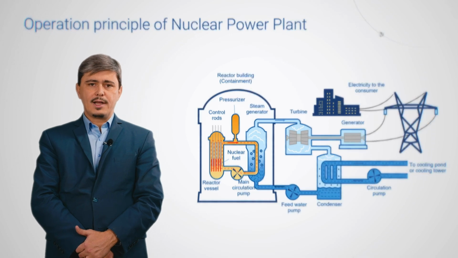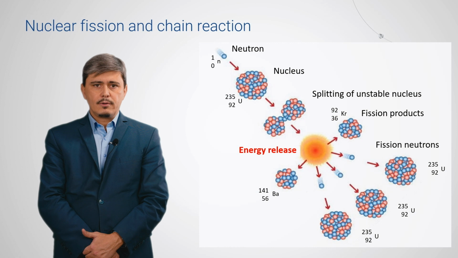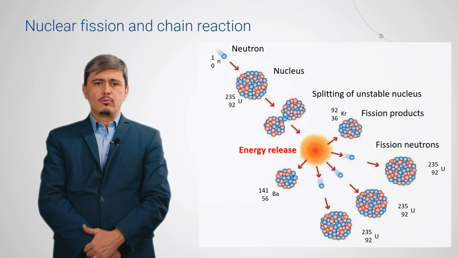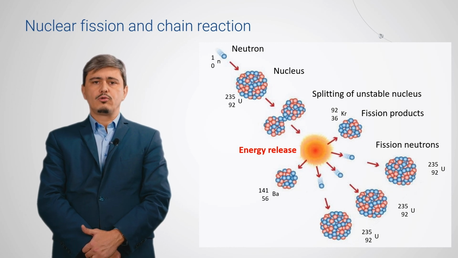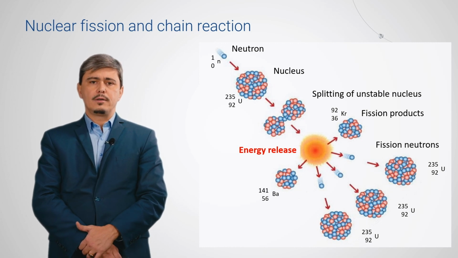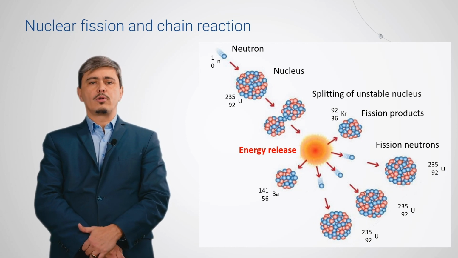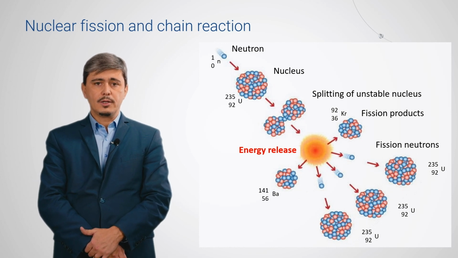You see on this slide the idea that for many isotopes, not only uranium-235, if a thermal neutron strikes a nucleus, with some probability the result could be splitting of uranium into two byproducts with several new neutrons emitted.